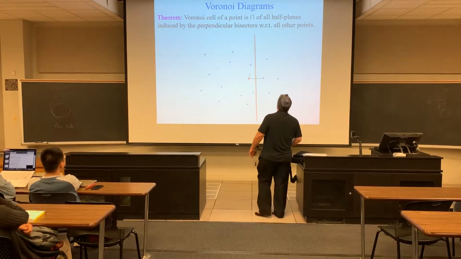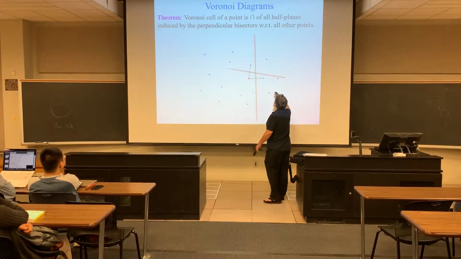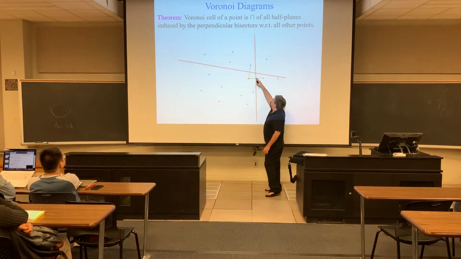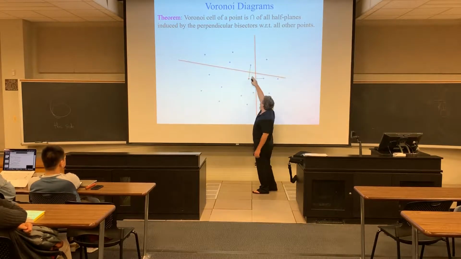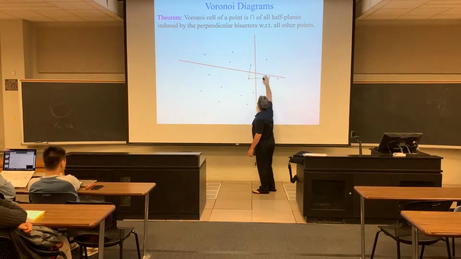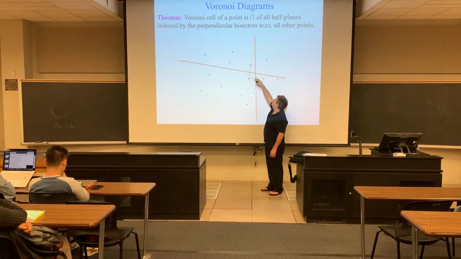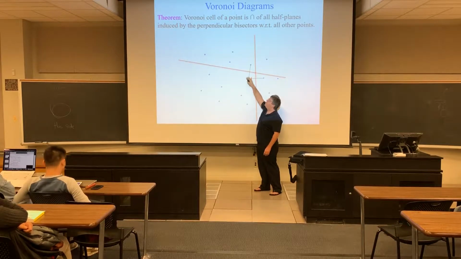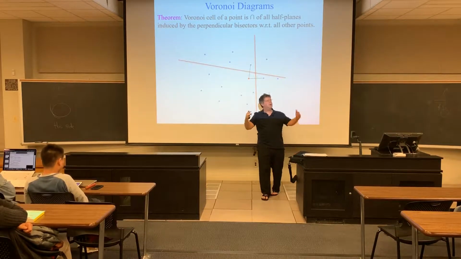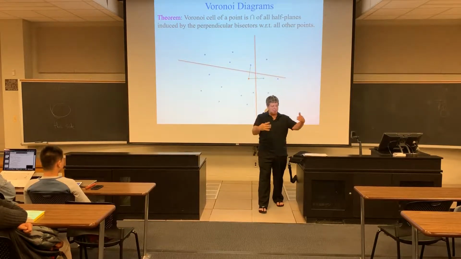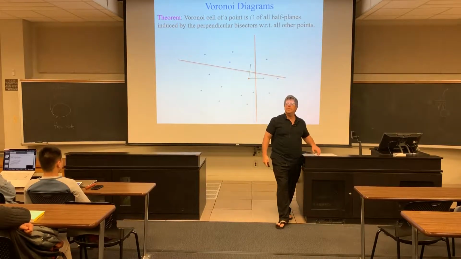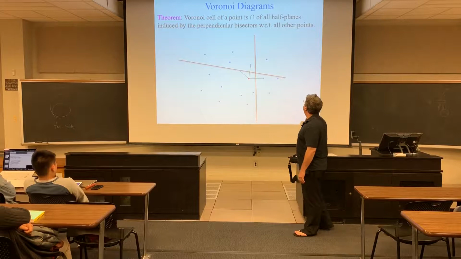And you do the same thing for other points. So similarly, by the same reasoning, the Voronoi cell associated with this point is on the lower portion of the half plane of this red line, not on the upper portion of the half plane. So as you keep drawing these half planes, those demarcate the boundaries of the Voronoi cell, one boundary at a time.